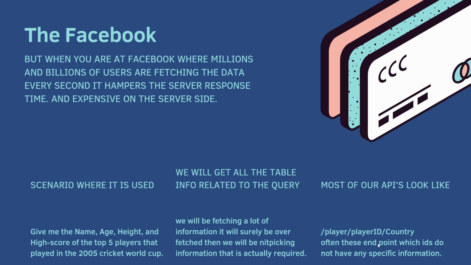If we are using REST APIs or SOAP APIs, we will get all the information related to all the tables: the info table, the year-wise table, and the performance-wise table.